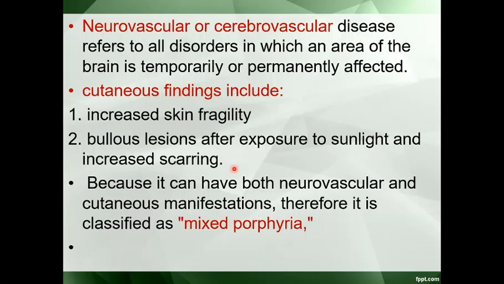If the brain is affected, on a temporary basis or permanently, obviously cerebrovascular disorders will be observed. What are the cutaneous findings? Skin fragility occurs, bullous lesions after exposure. What do bullous lesions mean? Blisters form, and then the scarring is increased. Because it can have both neurovascular and cutaneous manifestations, therefore it is called mixed porphyria.